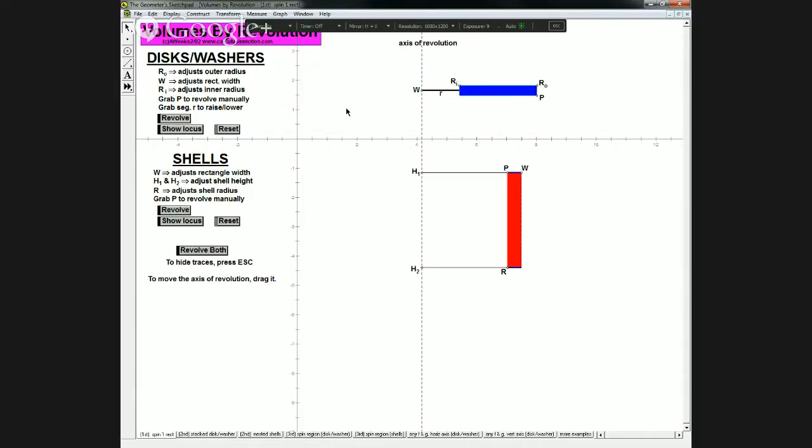So you know what a disc is? Yeah, a frisbee, and a washer, like you use in tools. So basically, we're going to start today with discs. If I take this, you can calculate that area, correct? If I revolve it around the y-axis, it creates a disk, and you have a three-dimensional object.